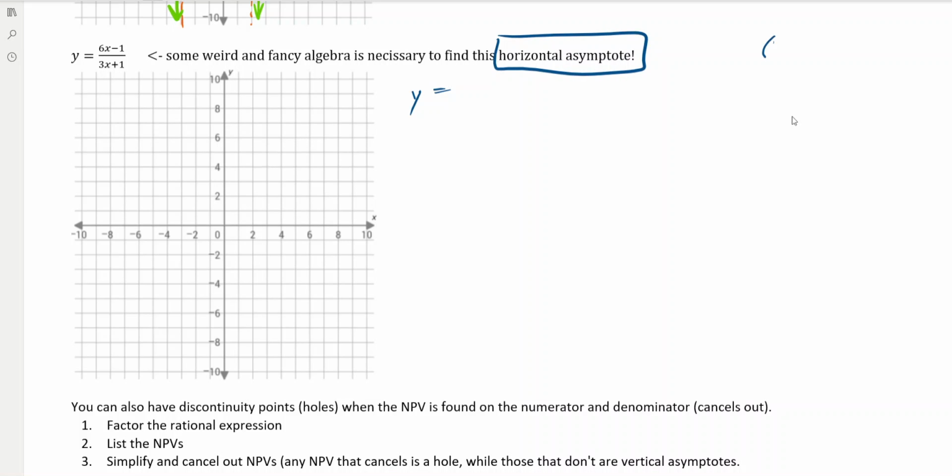It'll be 6 over 3, because it's the leading coefficient on top over the leading coefficient on the bottom. So you can do that, and it's lame, but we can check that at the end. But we should have a horizontal asymptote of 2. Okay, and the bottom should have a vertical asymptote at negative 1/3.